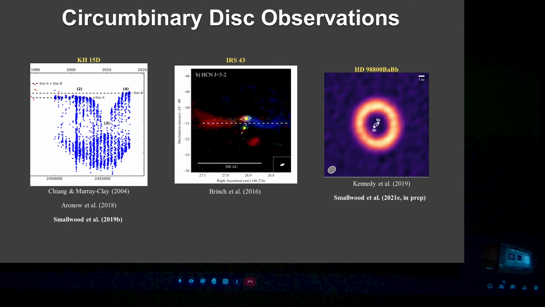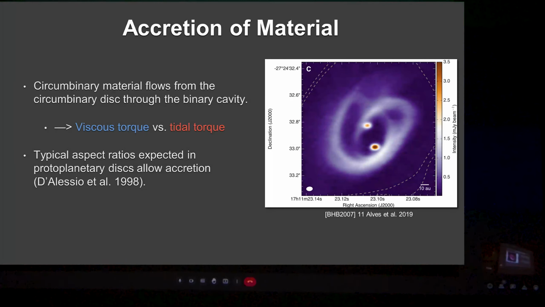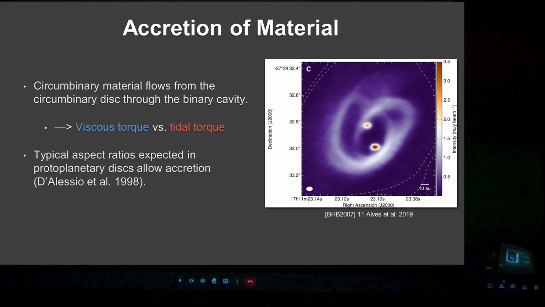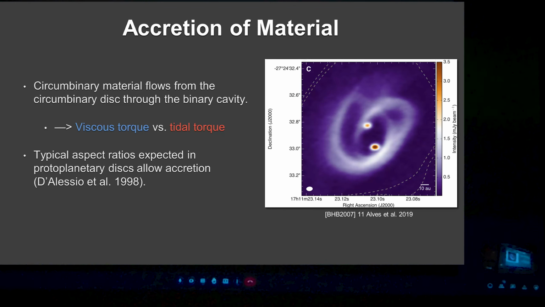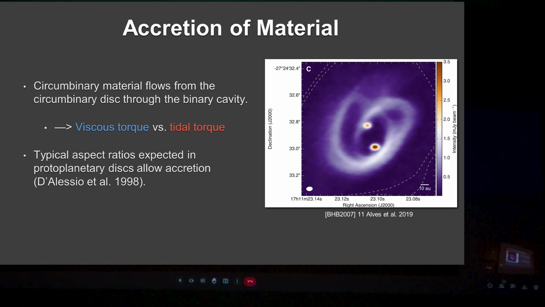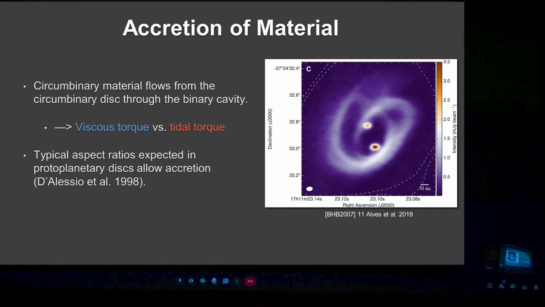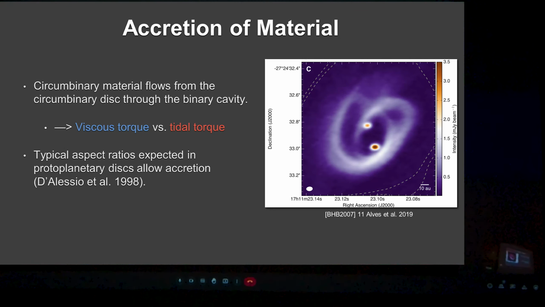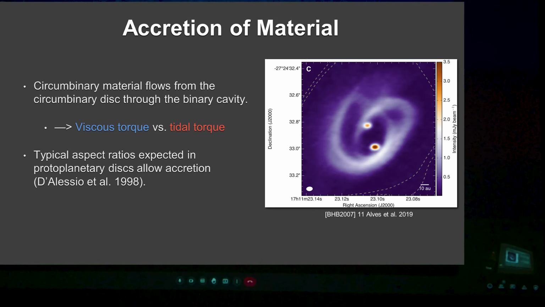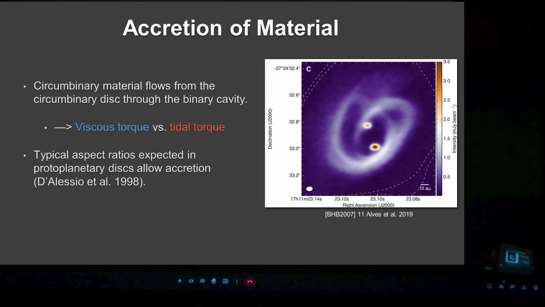And when we look at the interior of the disk, we have this cavity that's produced by the binary, but the material from the circumbinary disk will flow through the binary cavity and accrete onto the stars. And this is just because the disk is viscous, so there's a viscous torque.